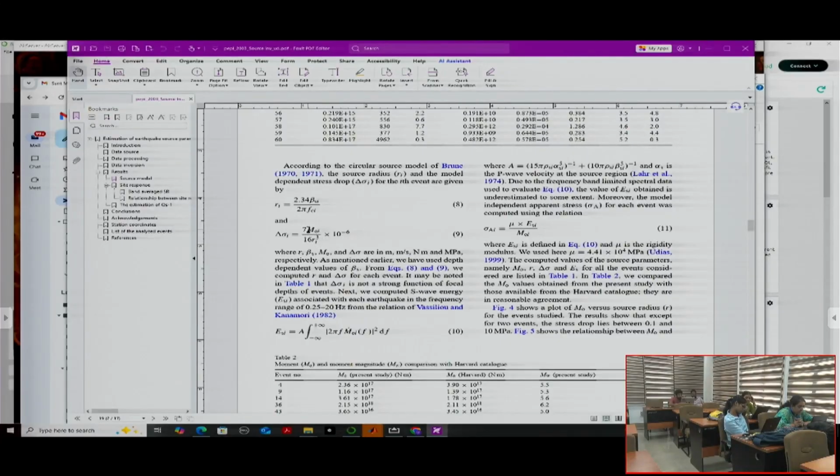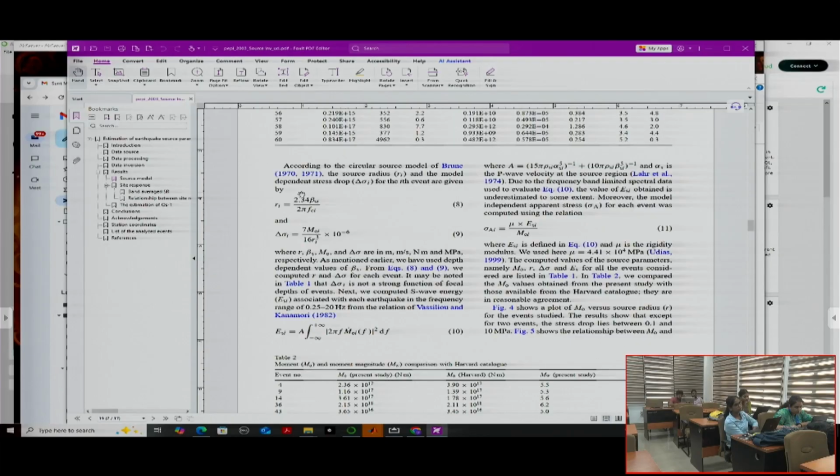So this is 7 into the magnitude of the moment, M0 value, and then you can calculate r from this relation, because beta is known to you, the velocity when divided by the corner frequency, so you can find out the radius.